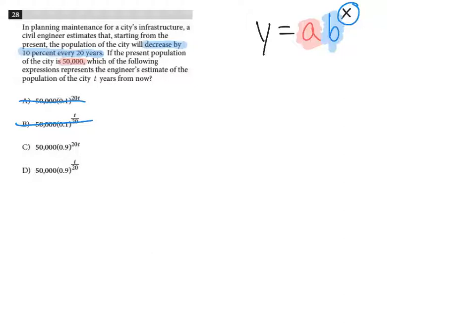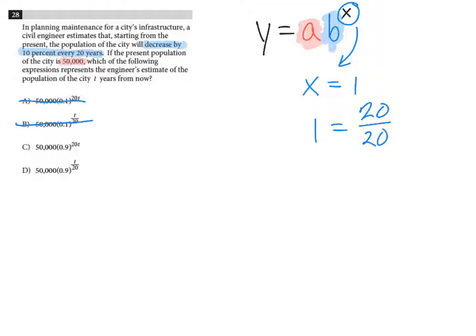So we want x, in this case, the x here, to equal 1 when the number of years is 20. Well, for x to equal 1 when the number of years equals 20, you're going to have to divide 20 by 20, right?